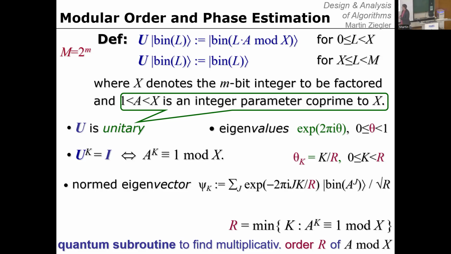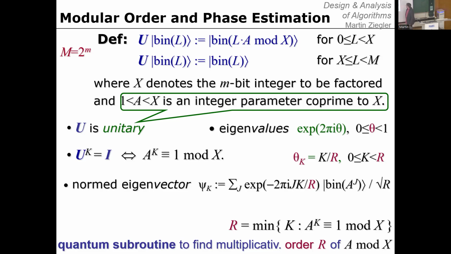And I asked you to verify, to calculate that this is the corresponding normed eigenvector. It's normed because we divide by the square root of r. Check that it is normed. Check that when applying U to this, that is basically multiplying with a, you see the exponent becomes a to the j plus 1. Do some shift and see this is exactly an eigenvector.